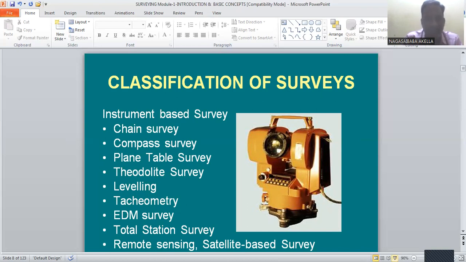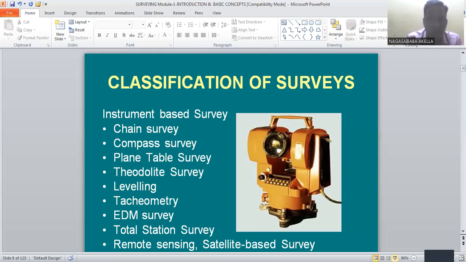If you use a prismatic compass or surveyor's compass, it comes under compass survey. Likewise, depending upon the instrument you are using to do the survey, that survey is classified under instrument based survey. If you use a plane table by radiation method or intersection method, it comes under plane table survey. If you use a theodolite for measuring vertical angles or horizontal angles, that is called theodolite survey.